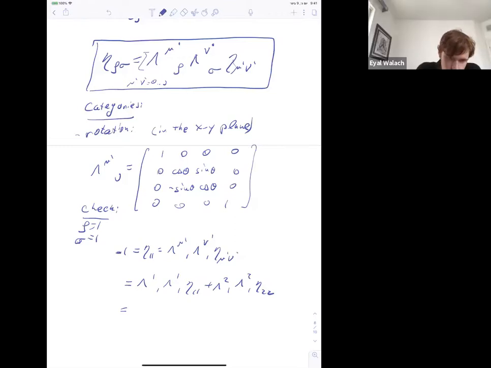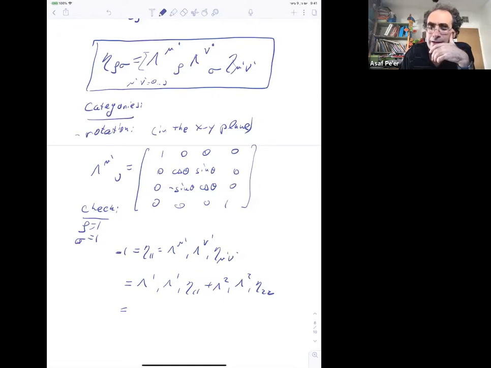And what is eta 1, 1? We just had that, minus 1.